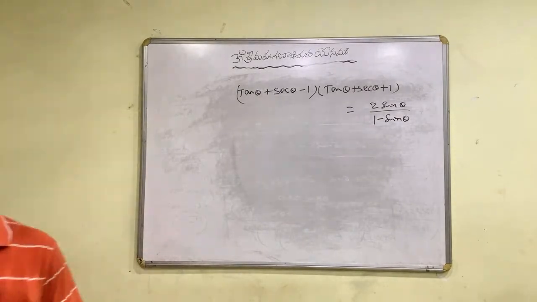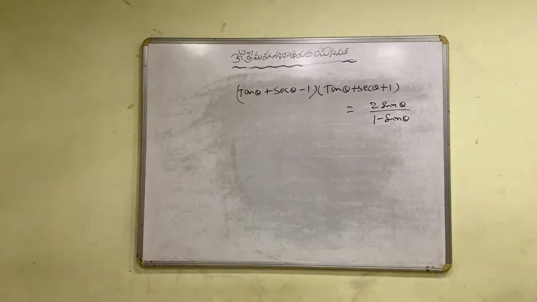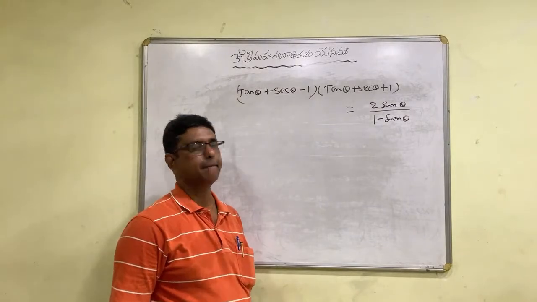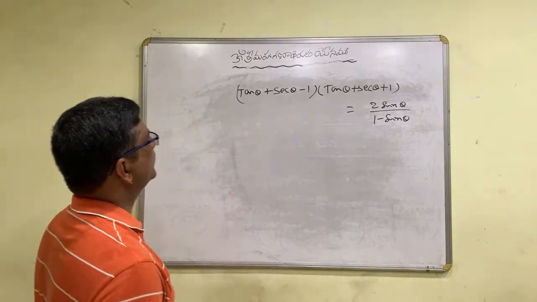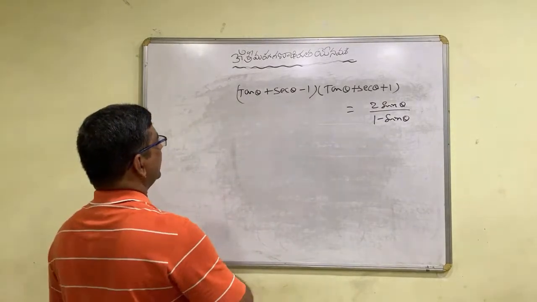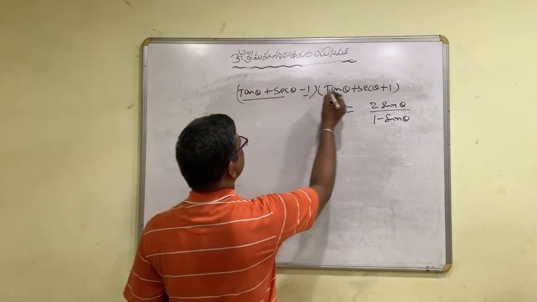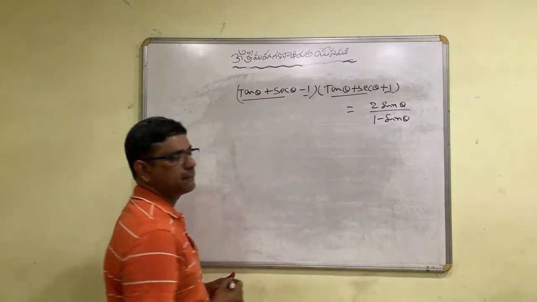Tan theta plus secant theta minus 1 into tan theta plus secant theta plus 1. So how to do this? Can I say A minus B into A plus B?